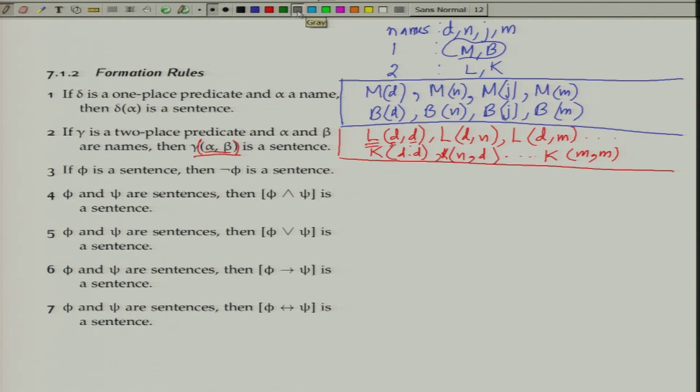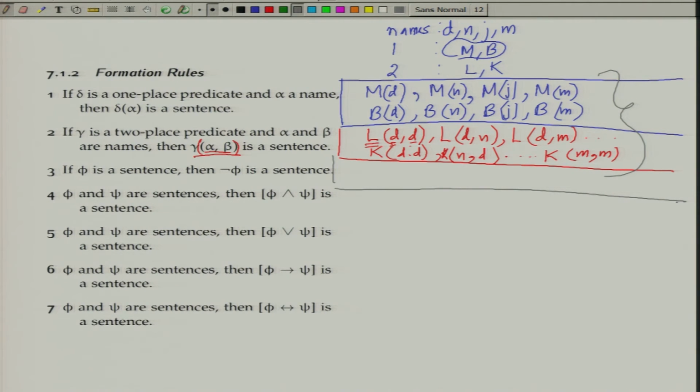Phi is a variable, but the variable ranges over sentences. So these are the sentences available so far. Now with the help of these, we go to the next level.